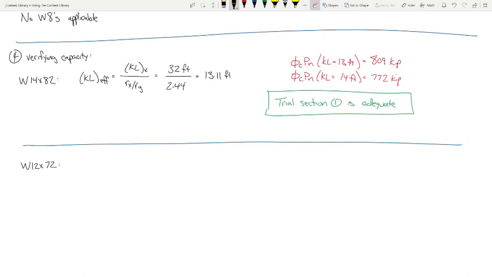Okay, so for the W12 by 72, we need to compute the KL effective. So that's KL X over Rx over Ry. So that's 32 feet over, and what was the ratio for that shape? 1.75.